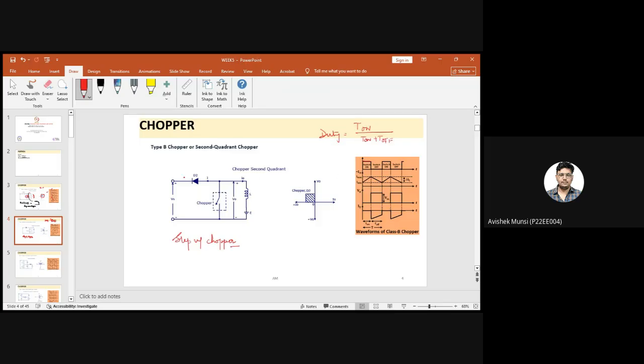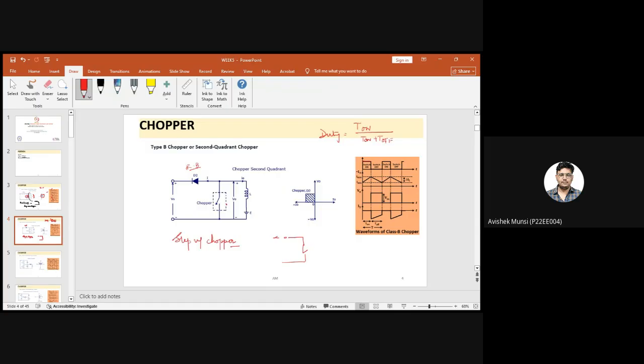But here, what happens during the positive half cycle is that this diode acts as reverse biased, right? So during the positive half cycle it acts as an open circuit, when the switch is on.